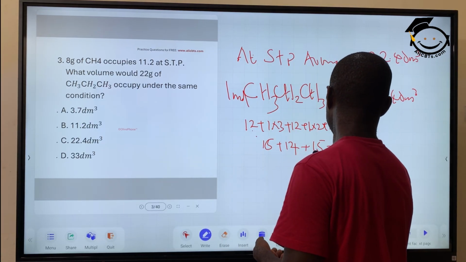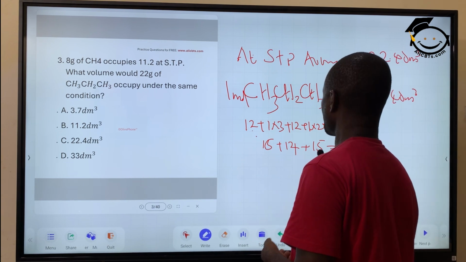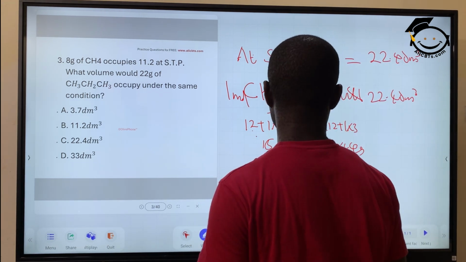So everything is 44 grams. So 1 mole of this is 44 grams.